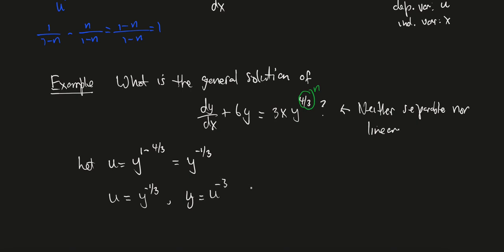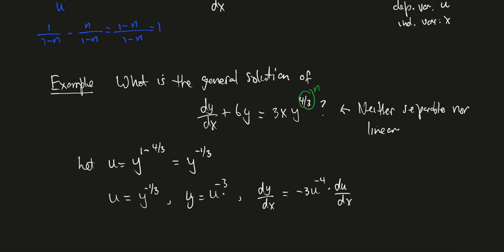Then let's differentiate this with respect to x. Remember to use implicit differentiation, where the chain rule is key. So dy dx is -3u to the -4th, but then I have to multiply by du dx.